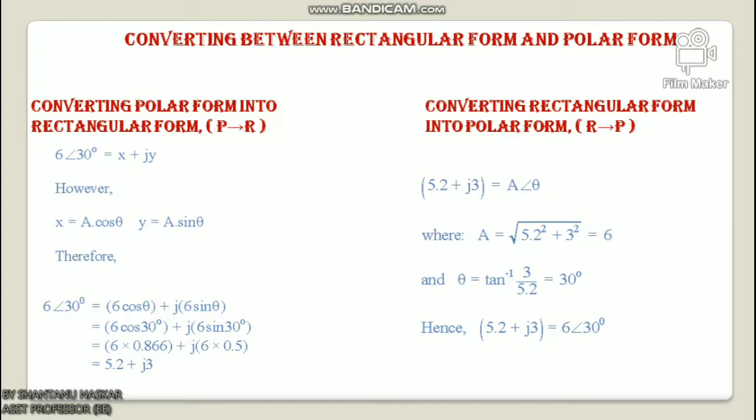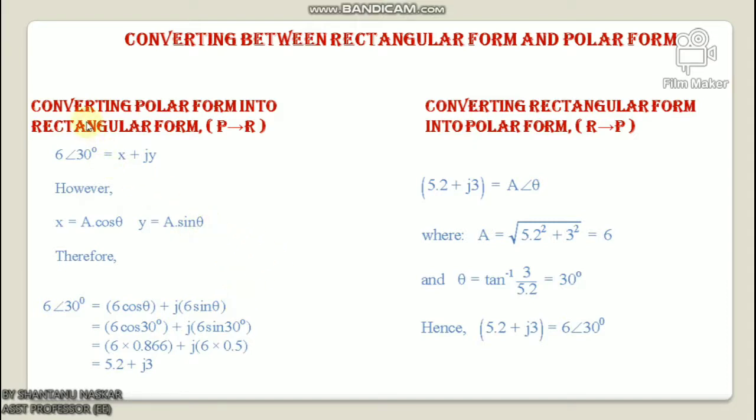In the rectangular form, we can express a vector in terms of its rectangular coordinates, with the horizontal axis being its real axis and the vertical axis being its imaginary axis or j component. In polar form, these real and imaginary axes are simply represented by a angle theta. Then using our example here, the relationship between rectangular form and polar form can be defined.